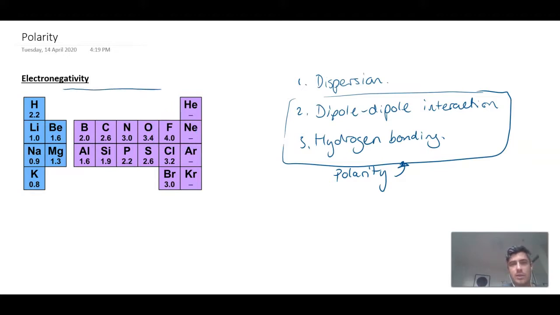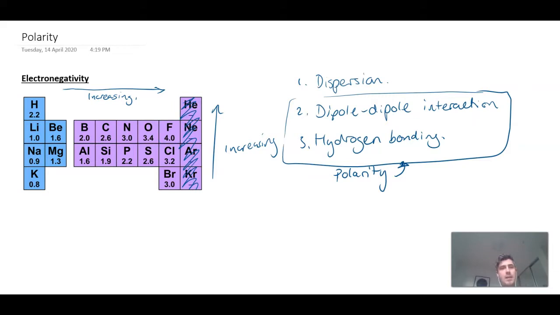As you go to the right, you have increasing electronegativity, which also increases upwards as well. We don't have numbers for this group because they are the noble gases, so they don't attract electrons because they've got a full octet. So fluorine ends up being the most electronegative of all of the elements.